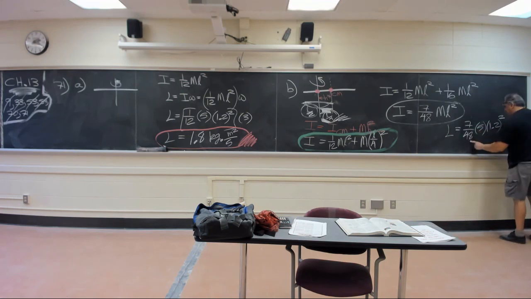So it's 7/8 times 1.2 times 3. 7 times 1.2 is 8.4. Times 3 is 25.2.